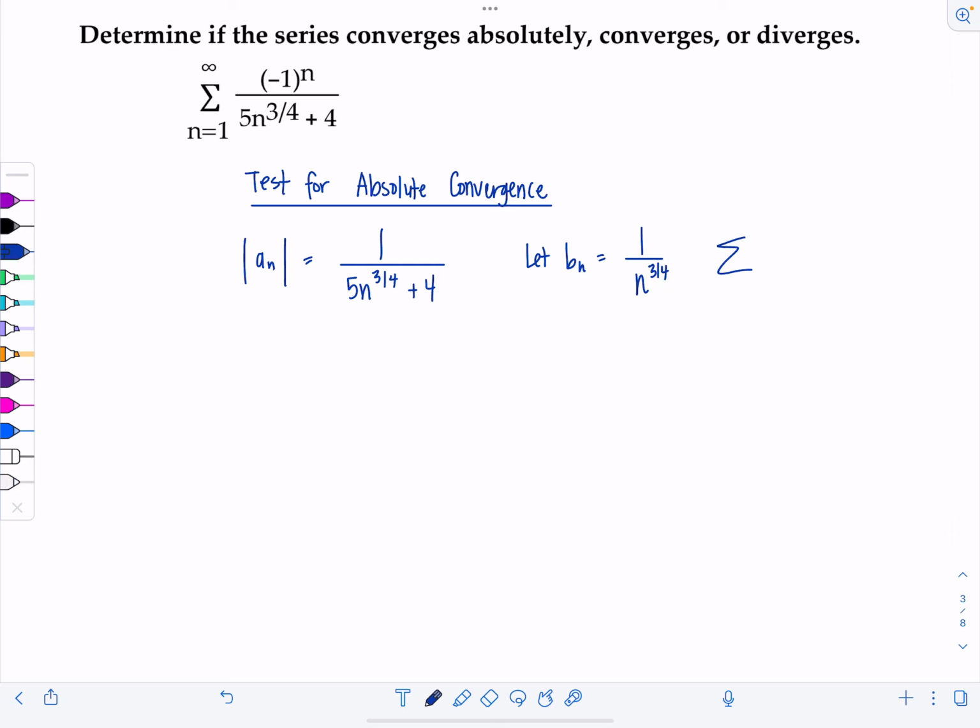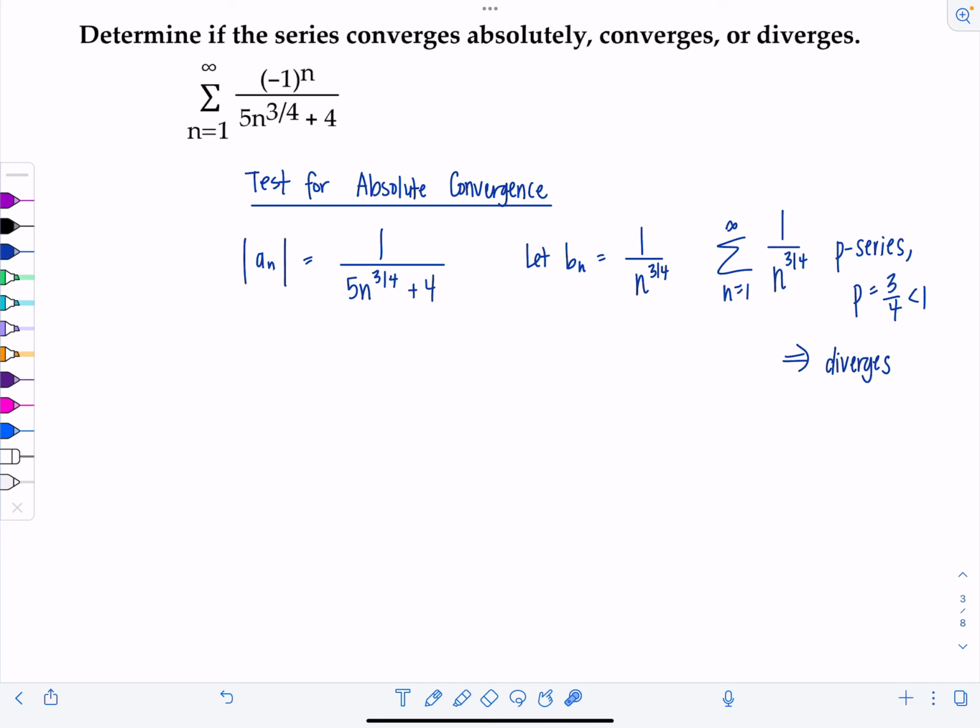And what do I know about the sum, n equals 1 to infinity, of 1 over n^(3/4)? Well, for this p-series, what is p equal to? 3/4, which is less than 1. So that means this p-series diverges. So I have a feeling that the sum of the absolute value of a_n will diverge also.